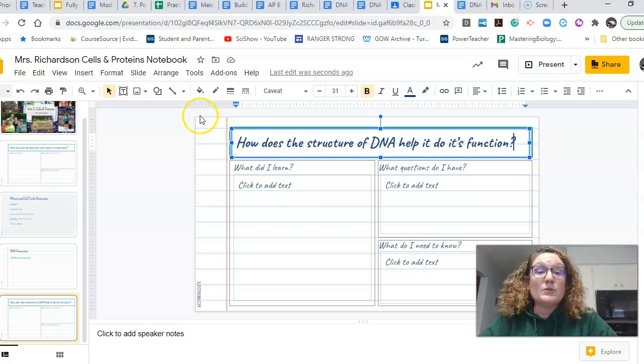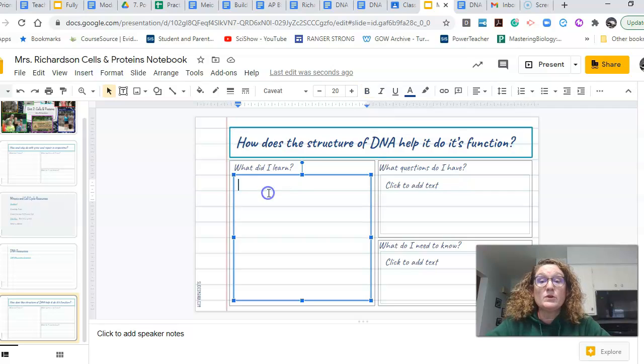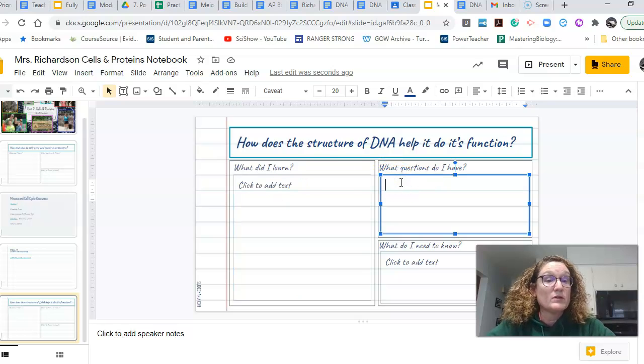Okay, so answering those questions, thinking about that, think about what you know about DNA structure. So what have you learned so far about DNA structure? And what do you know so far about its function? And what are some things that you're still wondering in regards to what do we still need help with figuring out, or where are you stuck in regards to DNA structure?